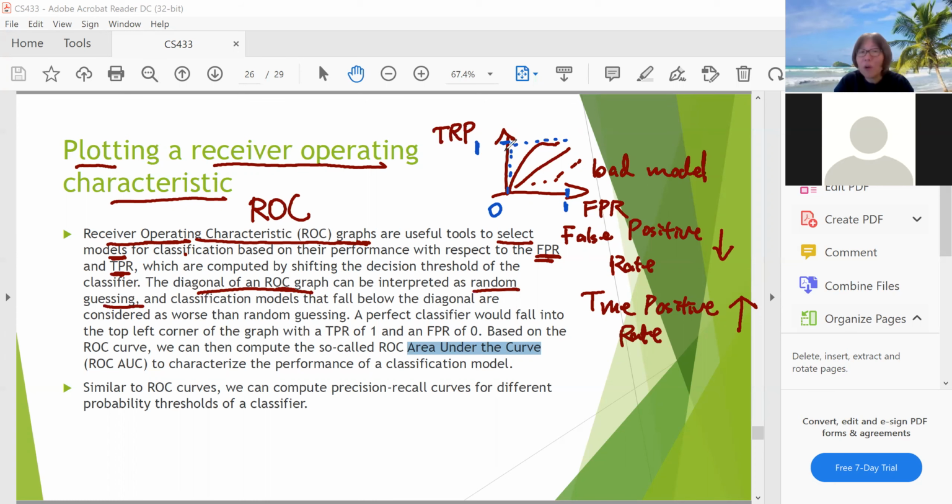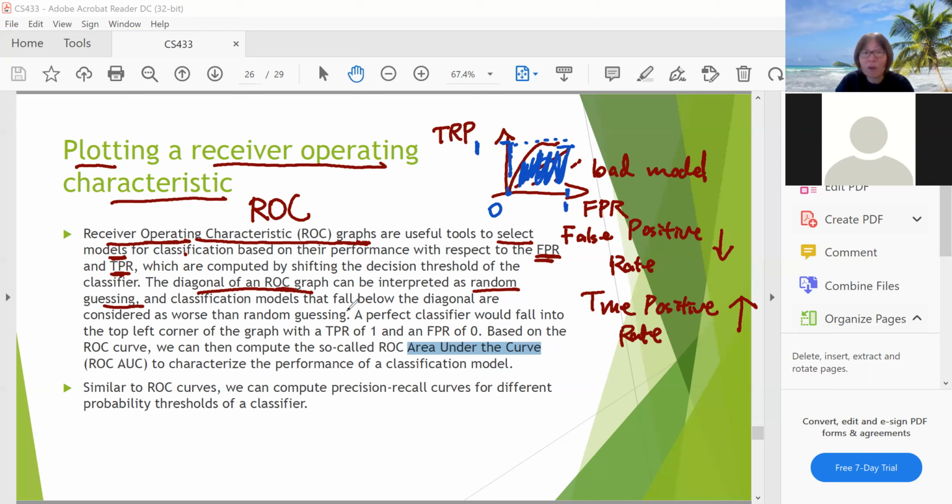So if your model's false positive rate is lower, close to 0, but your true positive rate is close to 1, then that means your model is really good. And normally what's important is we also calculate the area under the curve.